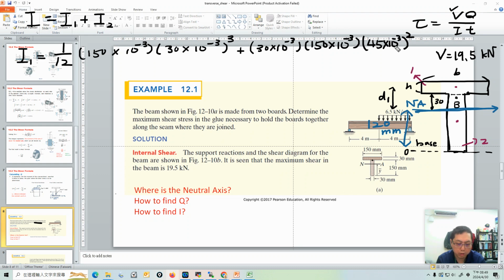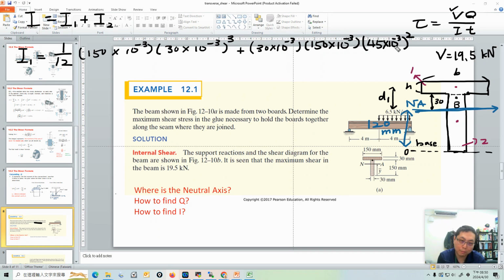BH cubed, area 1. B is 150 millimeter. Oh, sorry, that's area 2.